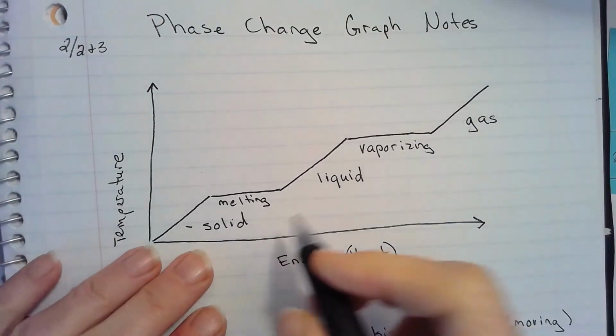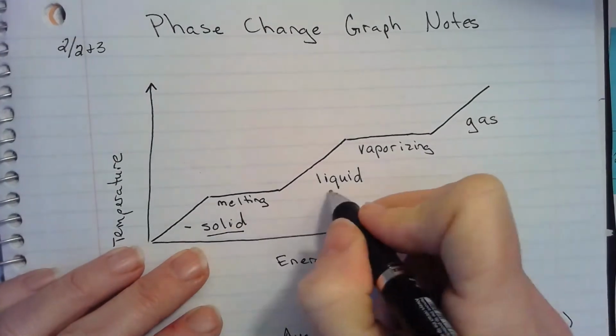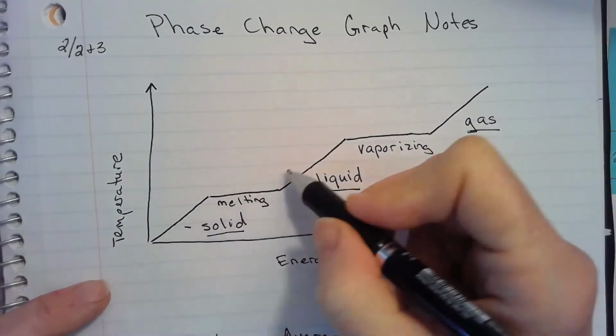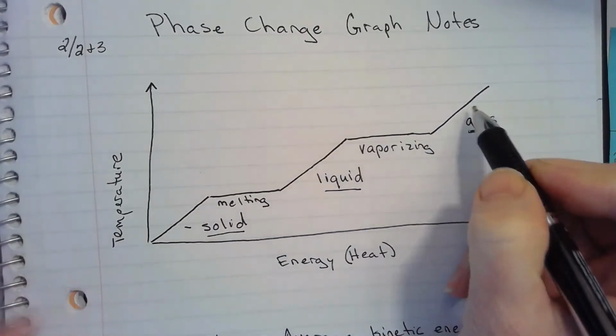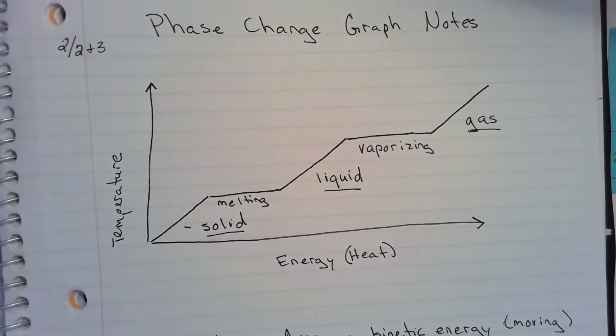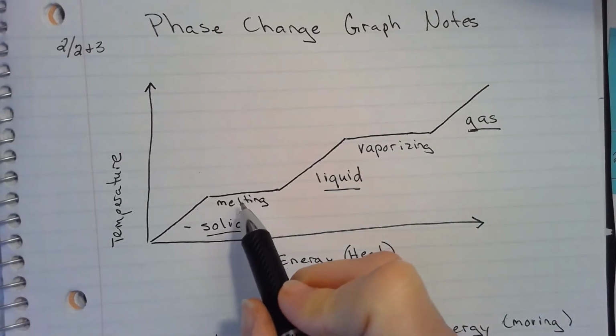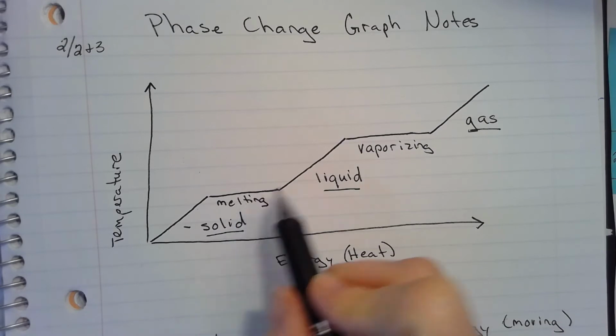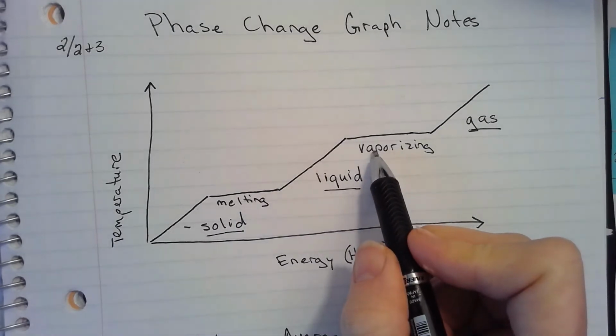So my states are, here's my solid, my liquid, and my gas. Those are when they are on a line. They're on that incline. They're going up. And as it's changing, it's at what's called a plateau. It's melting and vaporizing.